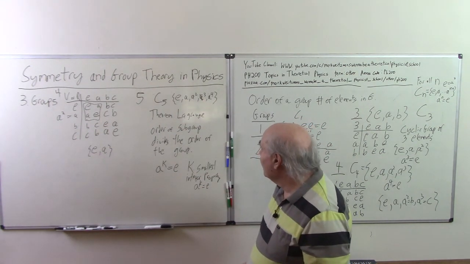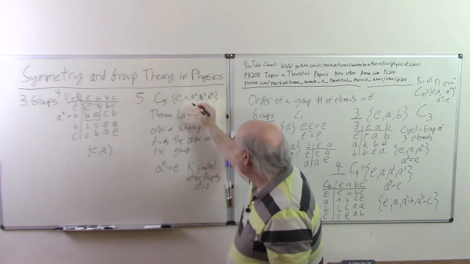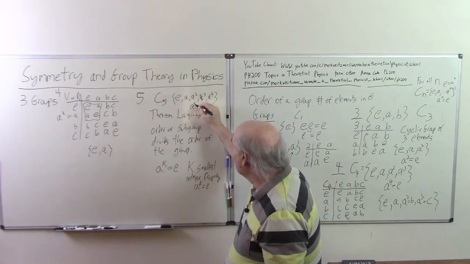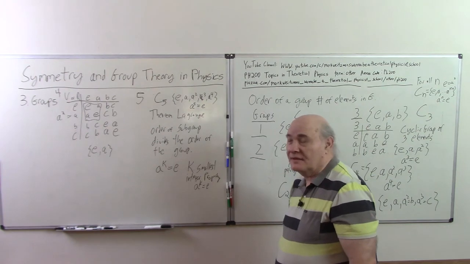So in this group, A to the 5 equals E. So the order of A is 5.